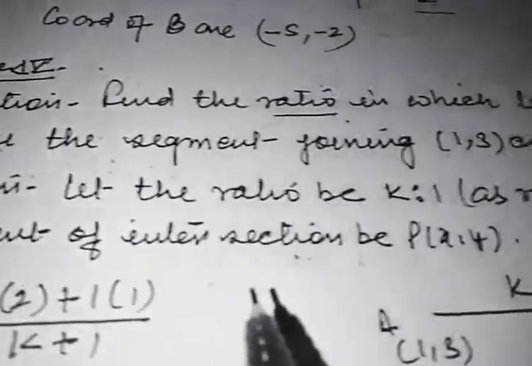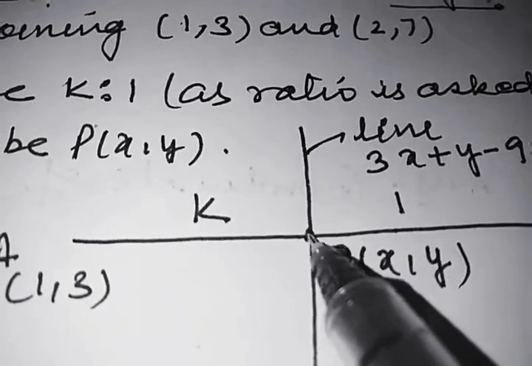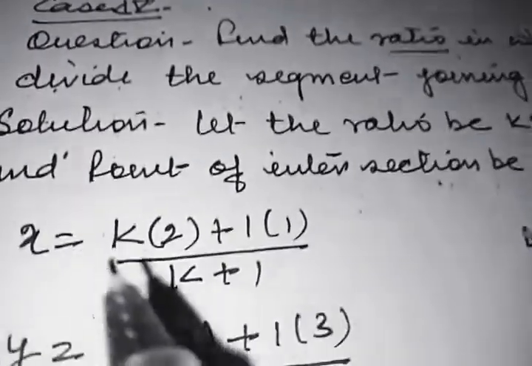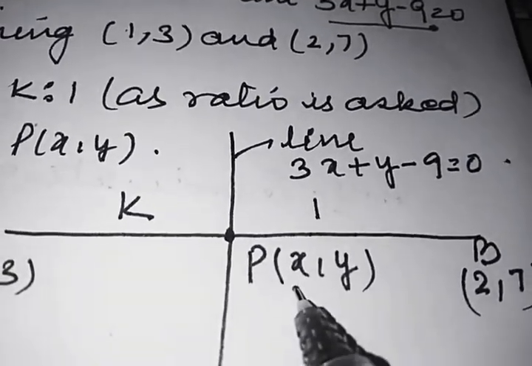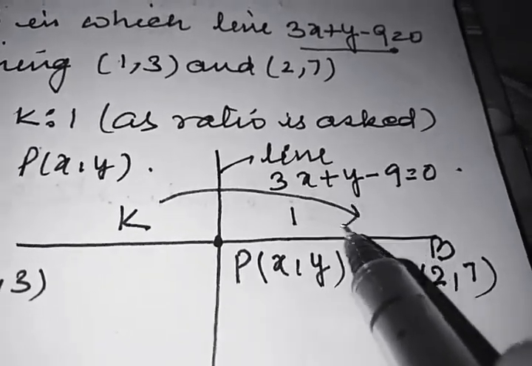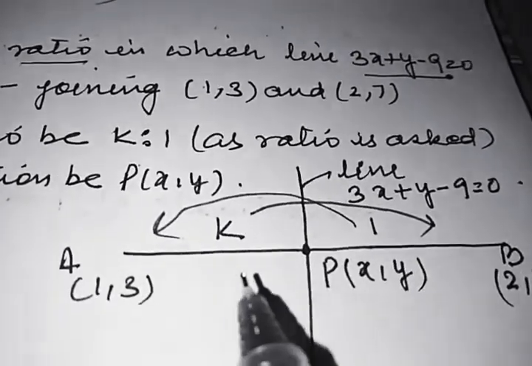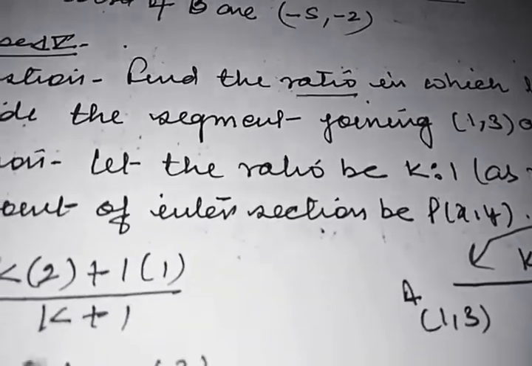Let the point of intersection be P(x, y). This is the point where they both are intersecting, right? The x coordinate will be, apply your cross rule here, the arrow method. So x will be (k into 2 plus 1 into 1) upon (k plus 1).